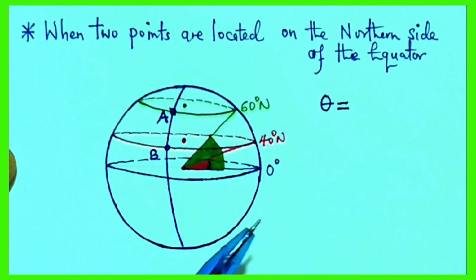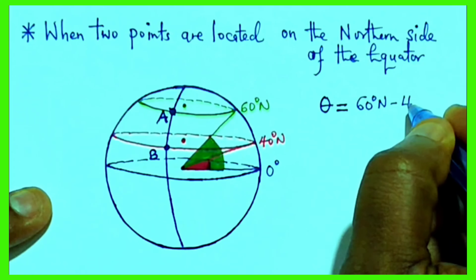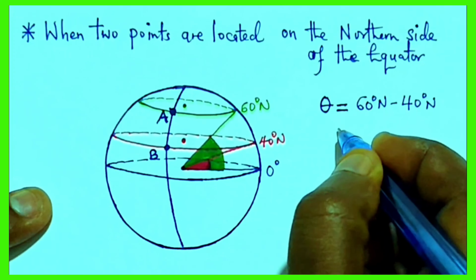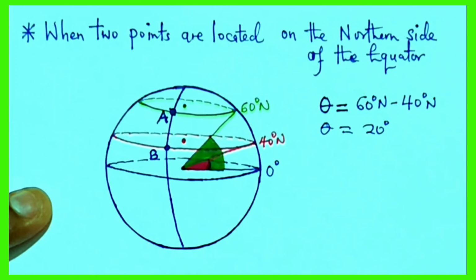So latitude A is on the angle beta, which is 60 degrees north, and then point B is on the latitude beta, which is 40 degrees north. So theta, which will represent the latitude difference here, will be equal to 60 degrees north to subtract 40 degrees north, and therefore theta will be equal to 20 degrees.